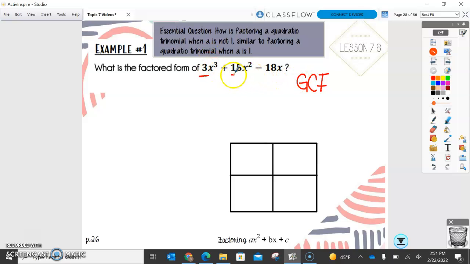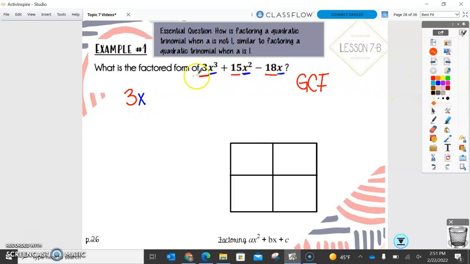So when I look at all of these first coefficients, I notice that 3 goes into, or is a factor of, 3, 15, and 18. I also recognize that my x to the third and my x squared and my x, each of those terms has at least one x, or an x to the first.